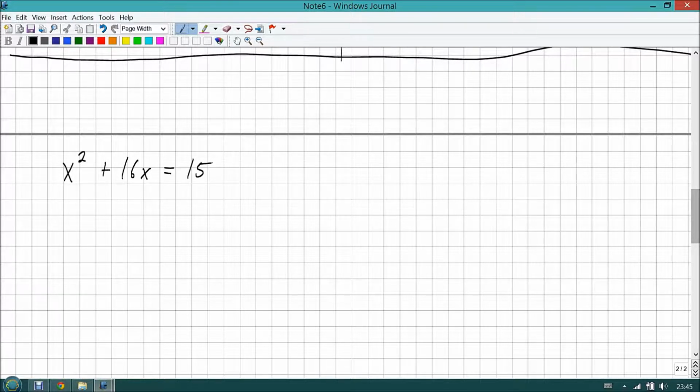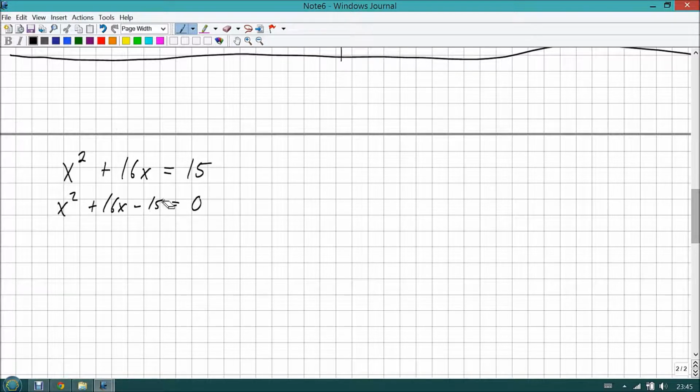Now at this point, you'd be tempted to bring it over and try to find out the factors of 15 that have a difference of 16. Well, there aren't any, so we can't. So if we tried to do this the old-fashioned way, it wouldn't work out.